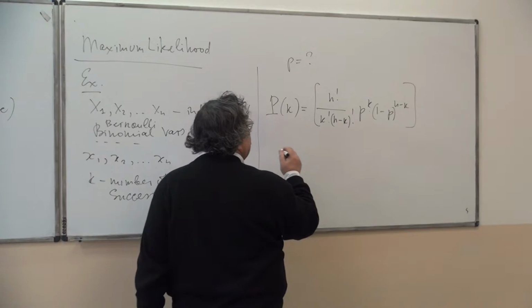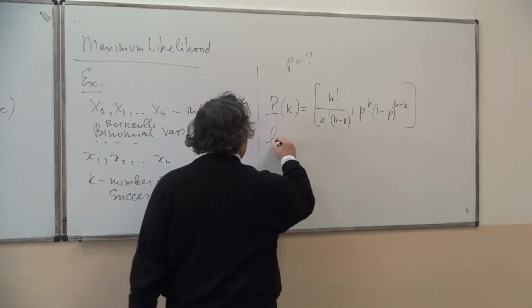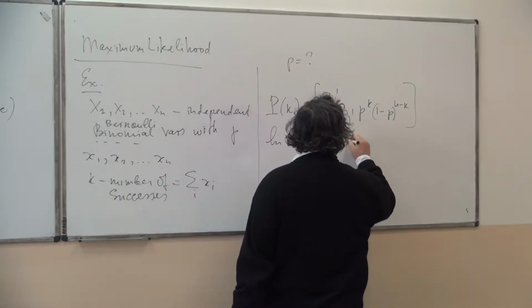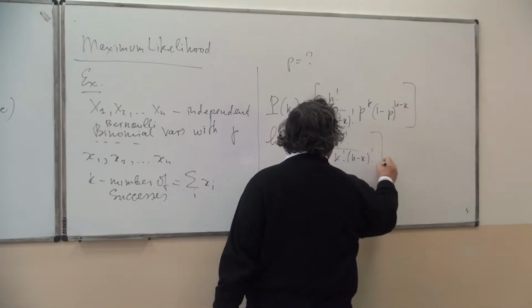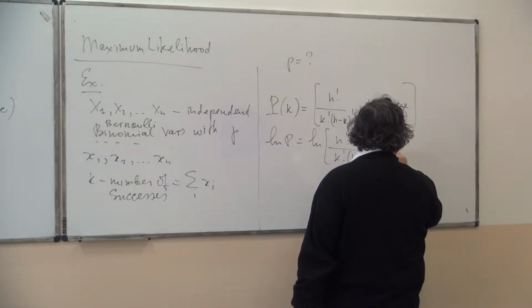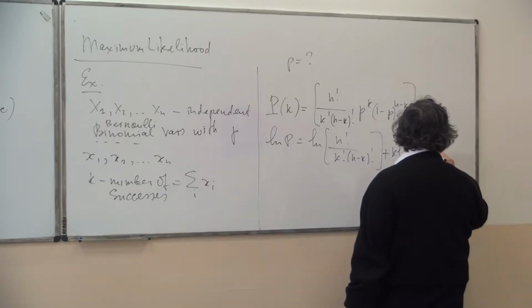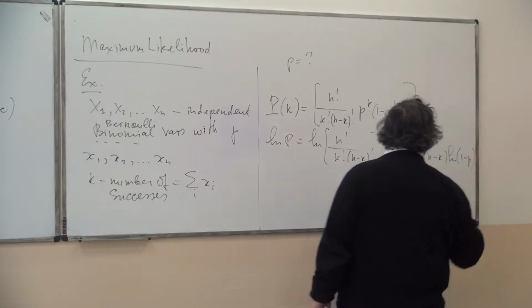Well, it's convenient to first take the natural logarithm of each side. Okay, it's the natural logarithm of n factorial over k factorial times n minus k factorial, plus k ln p plus n minus k ln of 1 minus p.